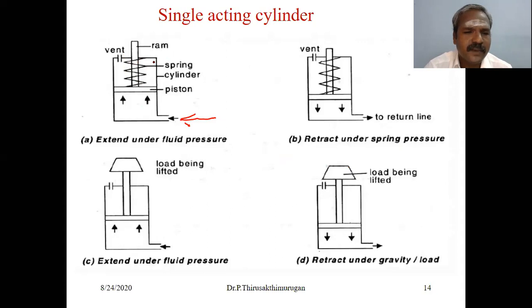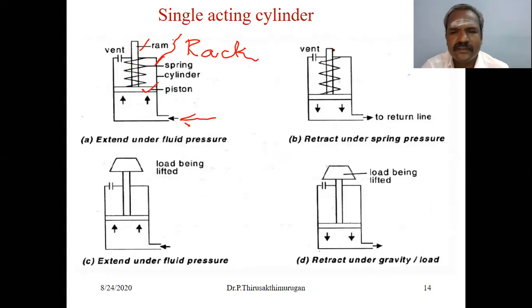This is a spring for regaining its position. This is the piston, and this is the ram, also called the rack. Rack and pinion. So these are all racks or rams. So these are single acting cylinder types.